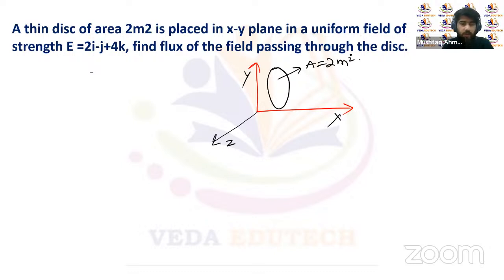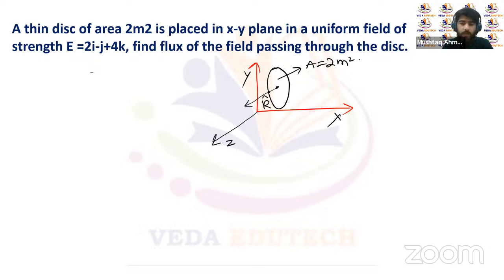Now you can see there are three components of the electric field: the x component, the y component, and the z component. The direction of the area vector of this disk is along the z direction, so the unit vector of the area vector associated with this disk is k cap.